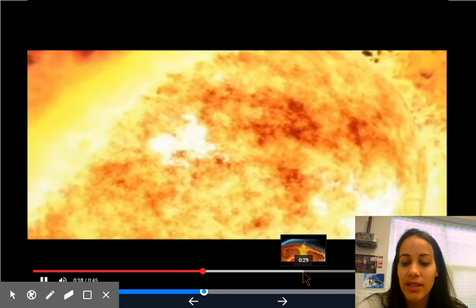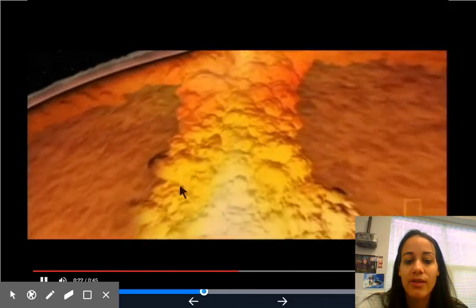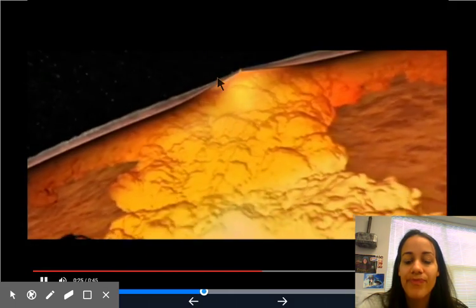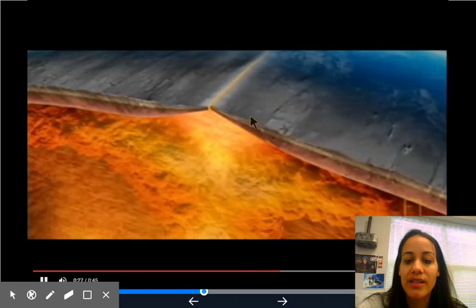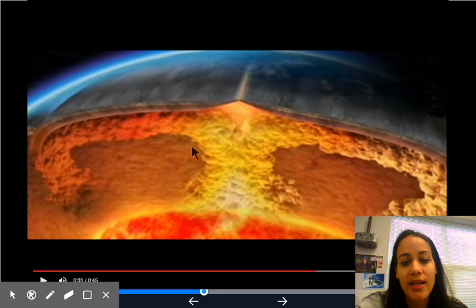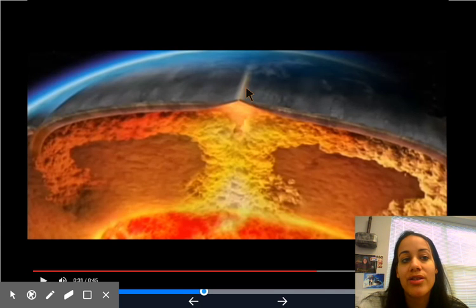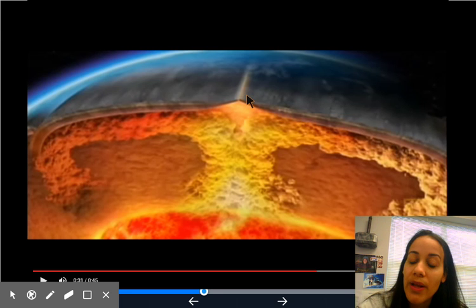It's a remarkable system. Actually, this is a video from that movie. Magma, heated by the core, rises towards the Earth's surface. It rises up, and as it spreads sideways, the Earth's crust moves very slowly. The older rocks are pushed to the side, and new ocean floor is formed because as magma rises and reaches the surface, the ocean is cool, and it causes the magma to cool and form basalt.